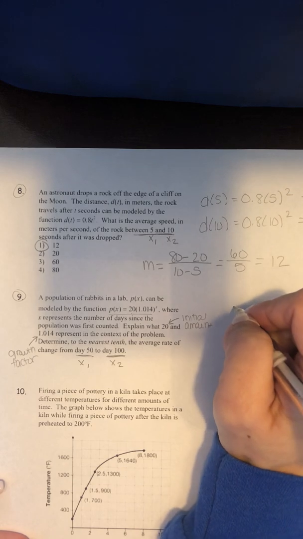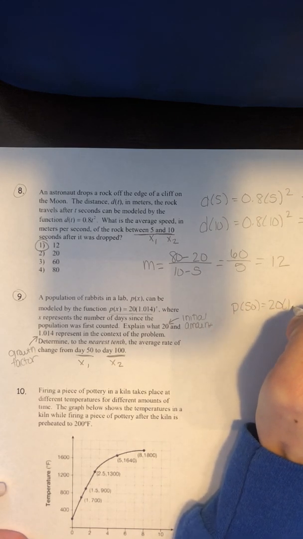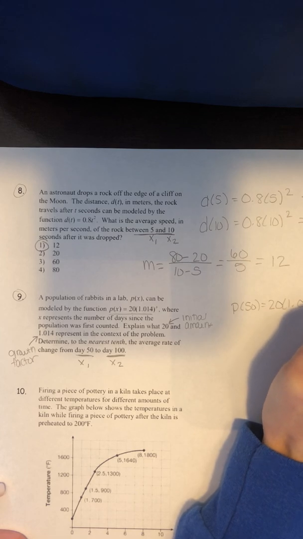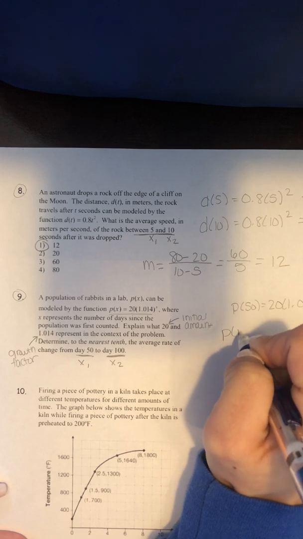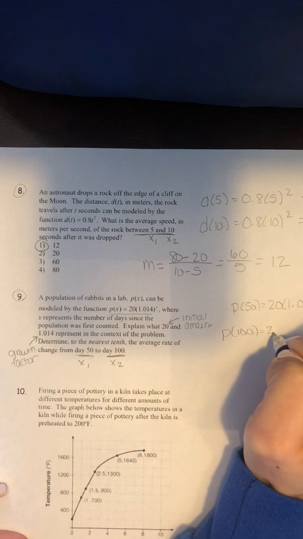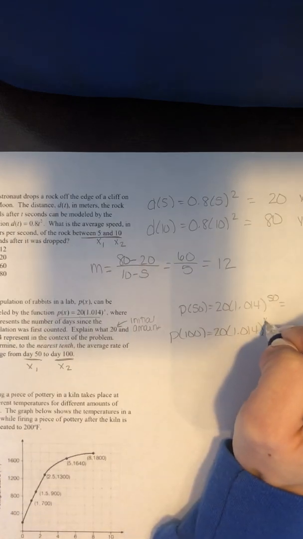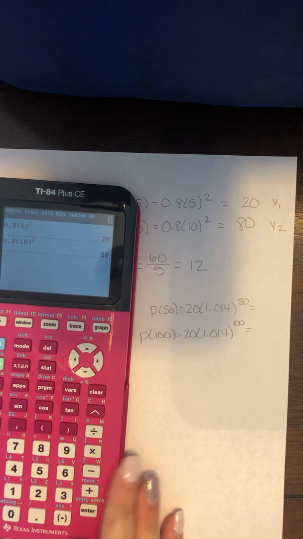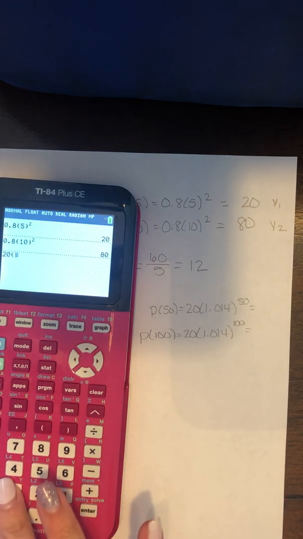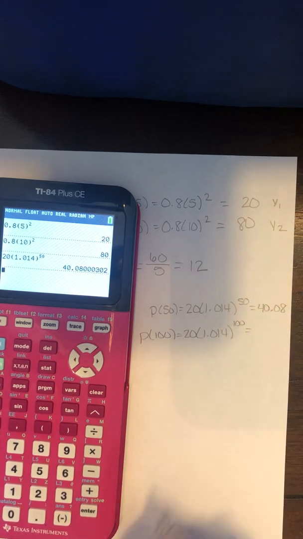So then you're going to do the same thing over here. We're going to do P of 50 equals 20 times 1.014 raised to the 50. And then you're going to do P of 100 equals 20 times 1.014 raised to the 100. And then you can put them right in your calculator. So 20 times 1.014 raised to the 50, you get 40.08.